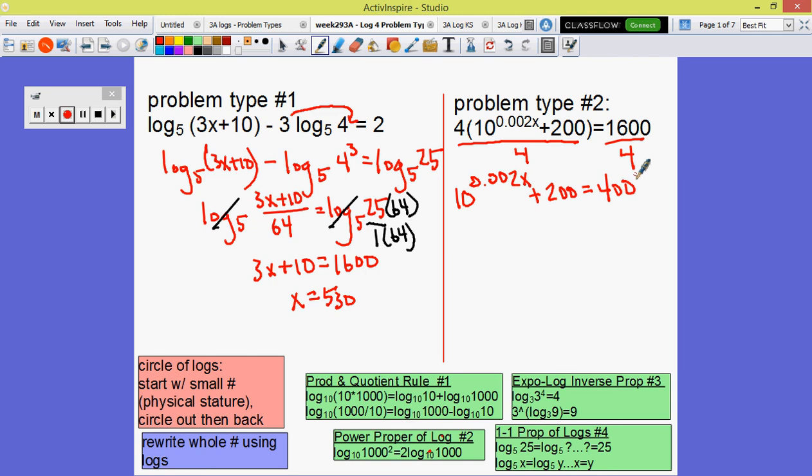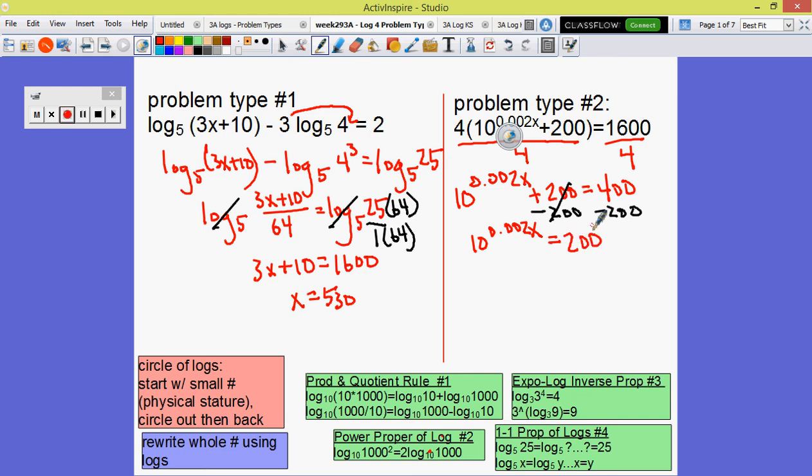All right. Now you subtract 200 from both sides. This cancels. And now you get 10 to the power of 0.002x equals 200.